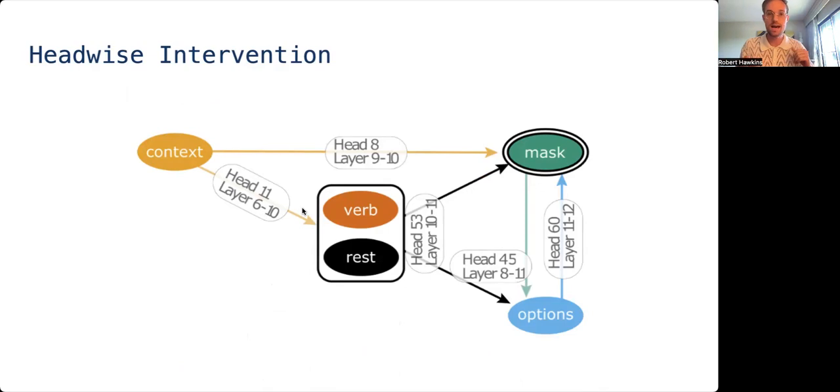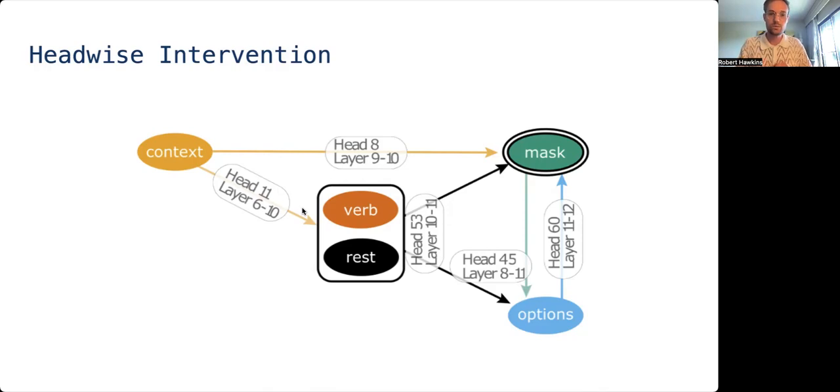So there's a head that seems to propagate information from context to rest. There's a couple heads that go from these places where information is pooled to the options. And then there's one head at the very end that the mask uses to decide which option to attend to, and then copies that one over to make its final decision.